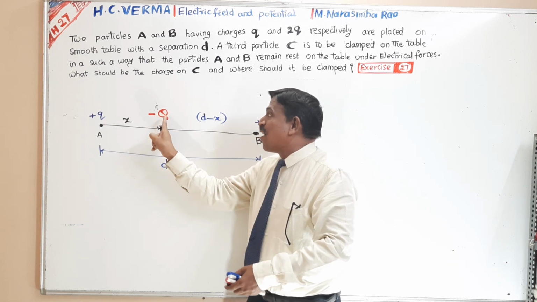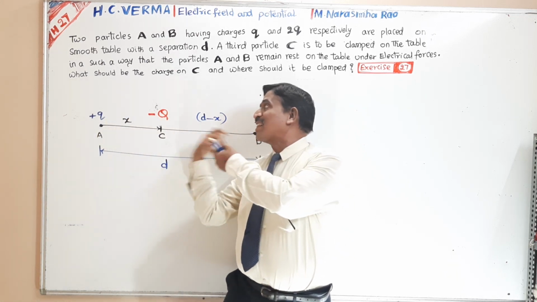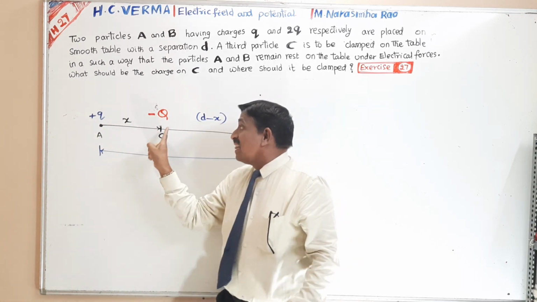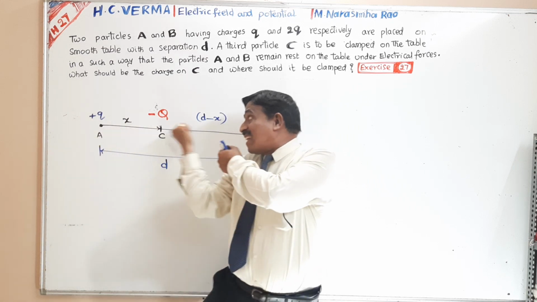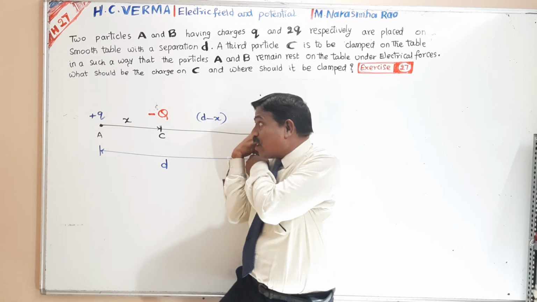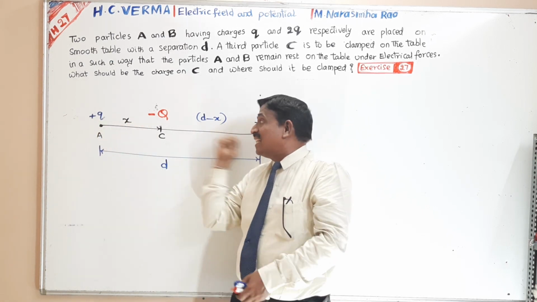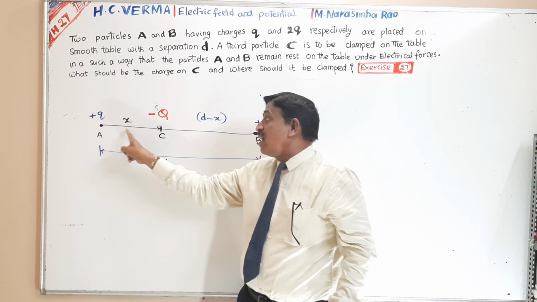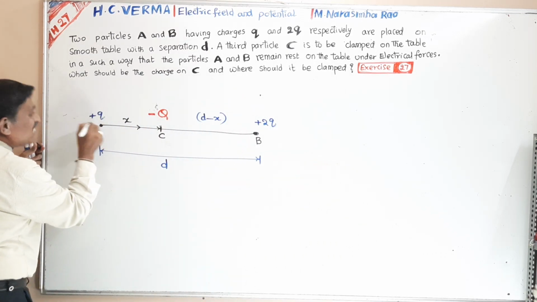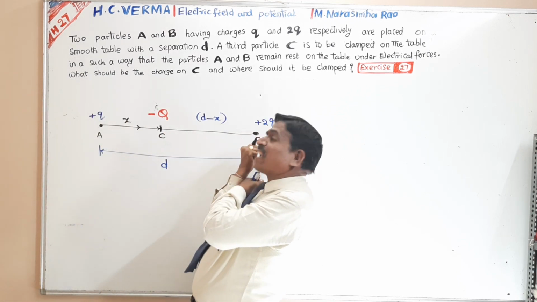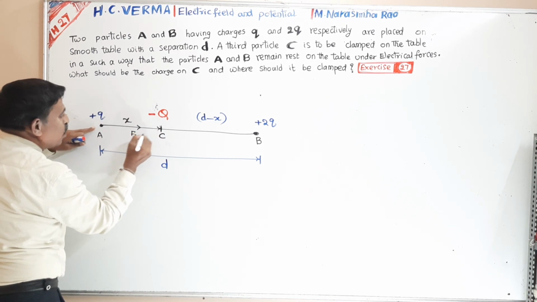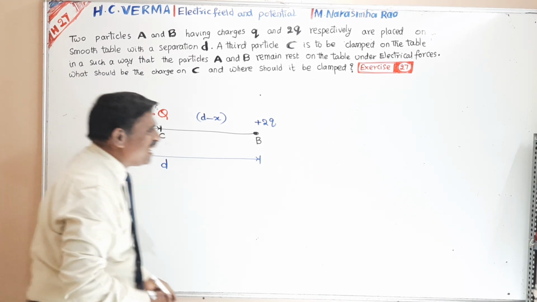This negative charge is attracting the positive charge towards C. This charge is applying an attractive force on this charge, acting from A to C. This is the force on A due to C.